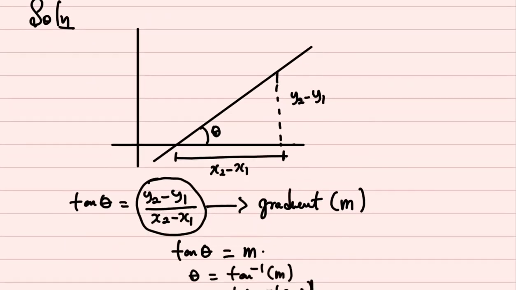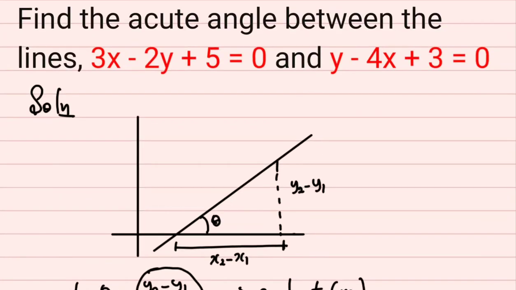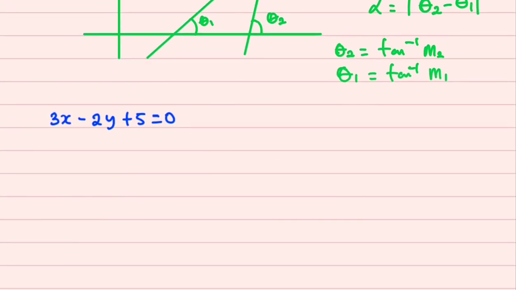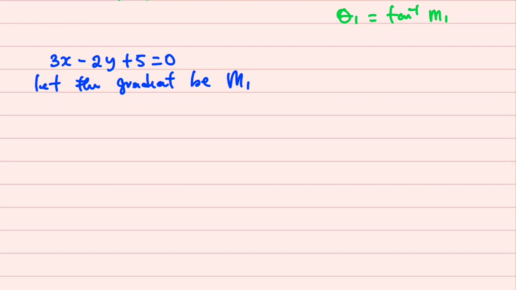The first one is the line 3x minus 2y plus 5 equals 0. Now, watch. How do I get the gradient from this? Let the gradient of this line be m1. I'm going to make this equation look like the general equation of a line, which is y equals mx plus c.